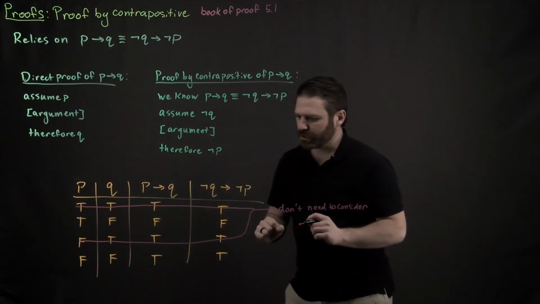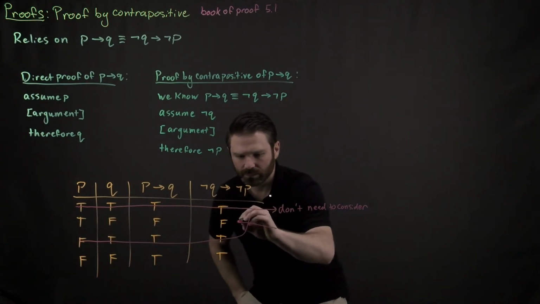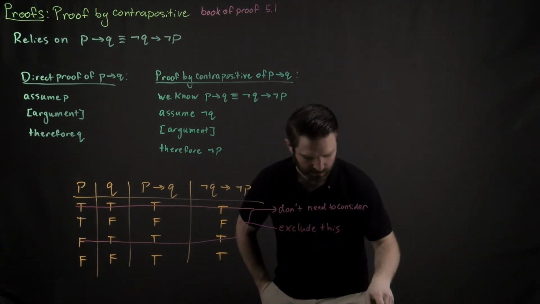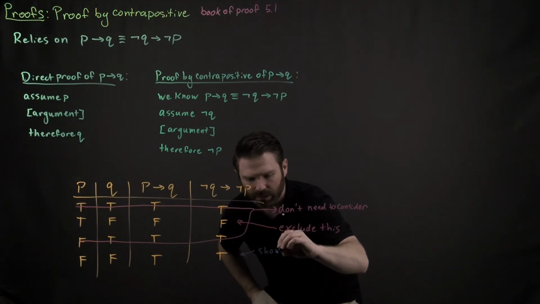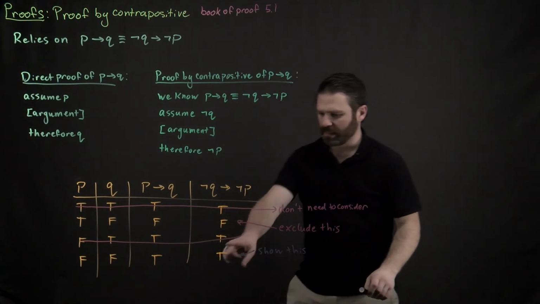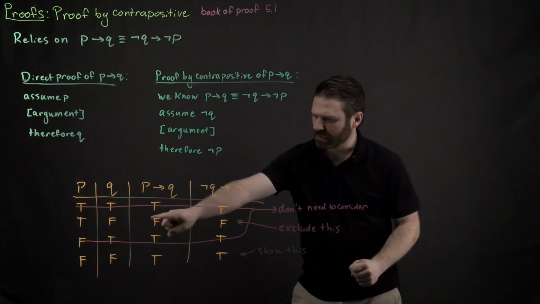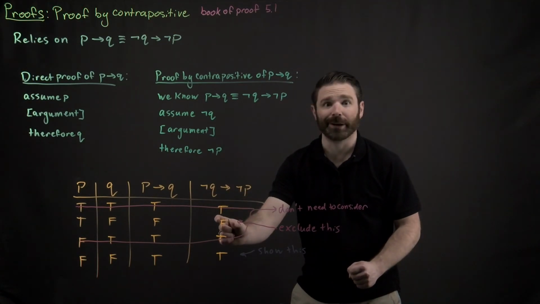So what we're trying to do is exclude this case and instead show this case right here. Remember, we're excluding this case right here because we want the thing that we're trying to prove to be true and not false.